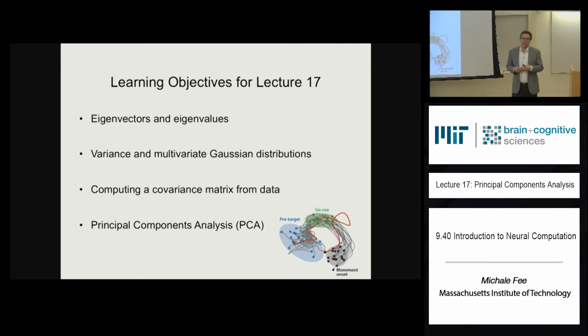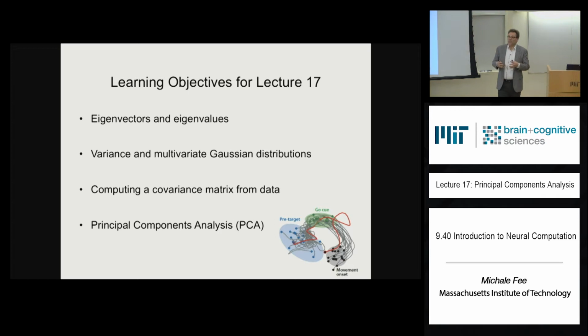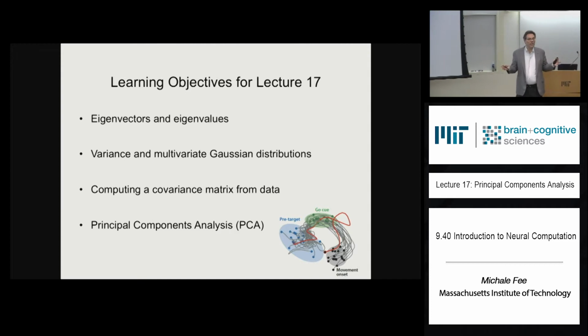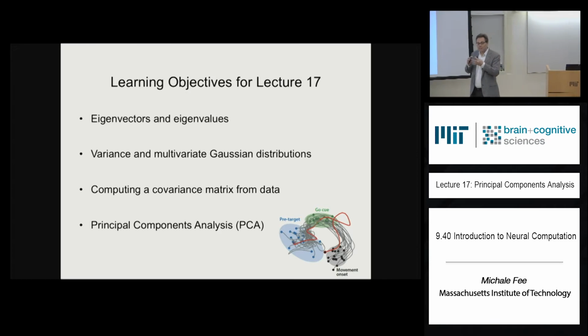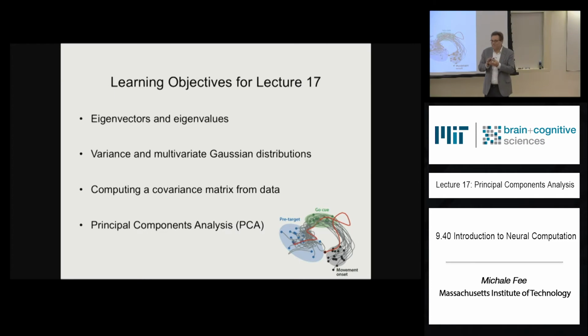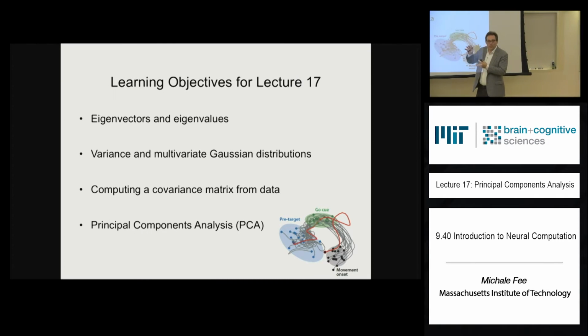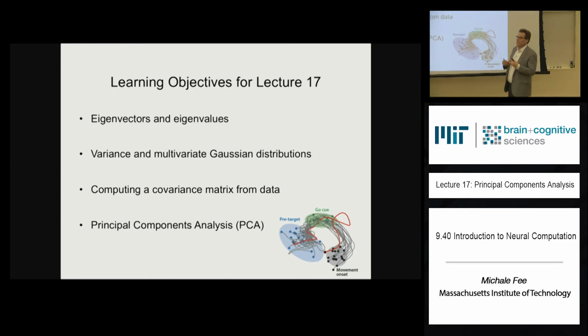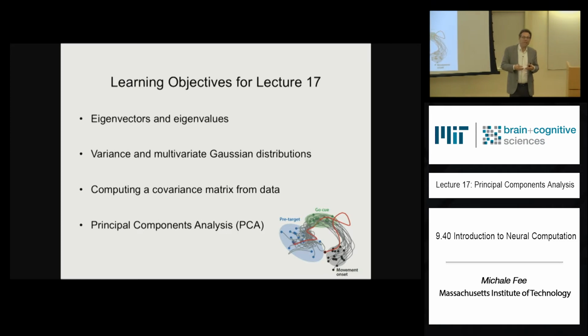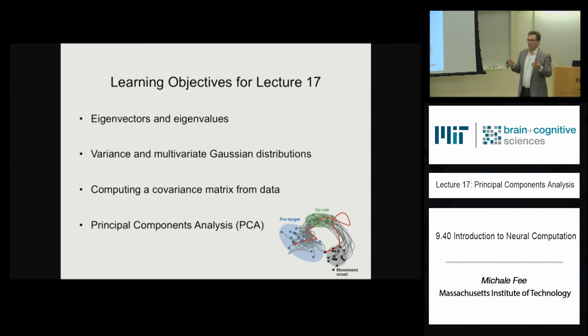Nowadays you can record from hundreds or even thousands or tens of thousands of neurons simultaneously. And if you just look at all that data, it looks like a complete mess. But somehow, underneath all of that, the circuitry in the brain is going through discrete trajectories in some low-dimensional space within that high-dimensional mess of data.